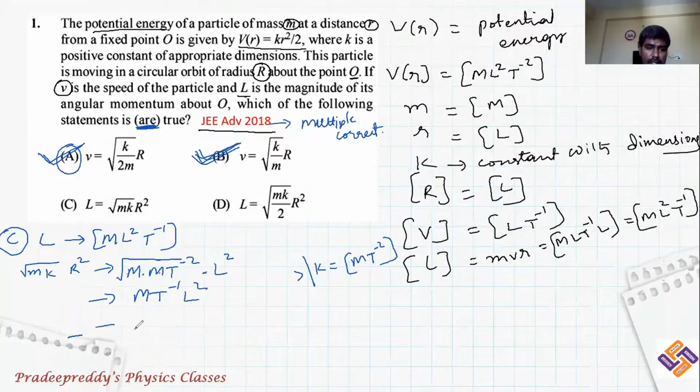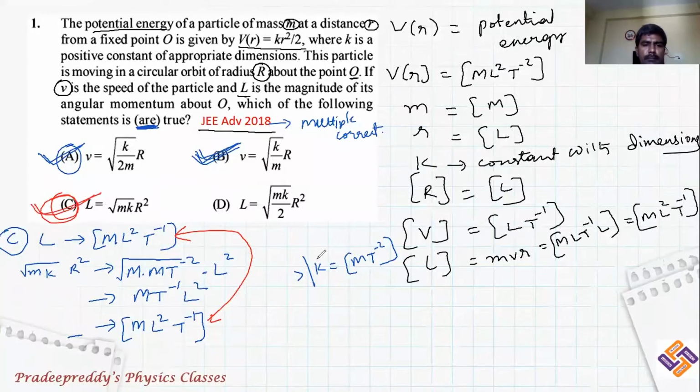What do you have? Dimensions right hand side m L square T power minus 1. Left hand side and right hand side both are equal. So option C is also correct.